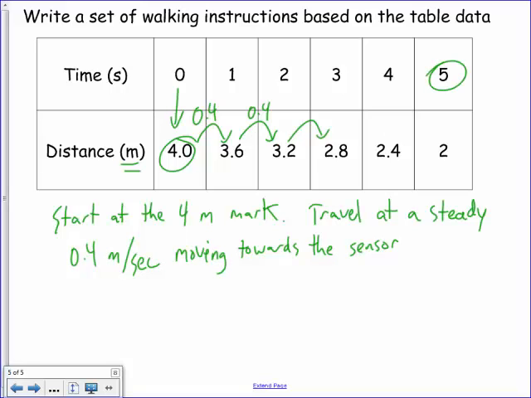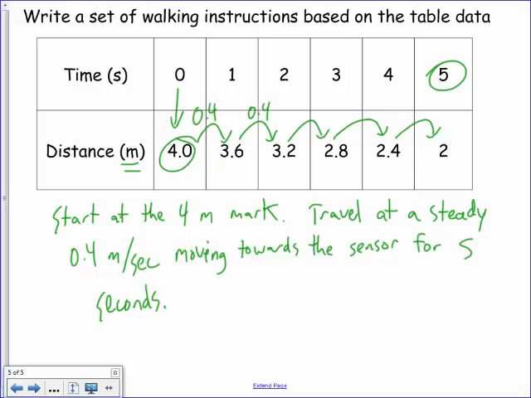It looks like for 5 seconds. Did anything else occur in there, or do we just keep dropping 0.4? It looks like we keep doing that. Just be careful, it might change and turn directions or move at a faster rate, but in this case, we just want a steady 0.4 meters per second moving towards the sensor for 5 seconds.